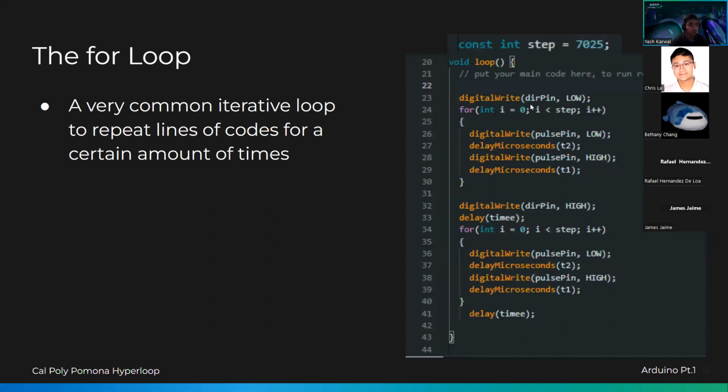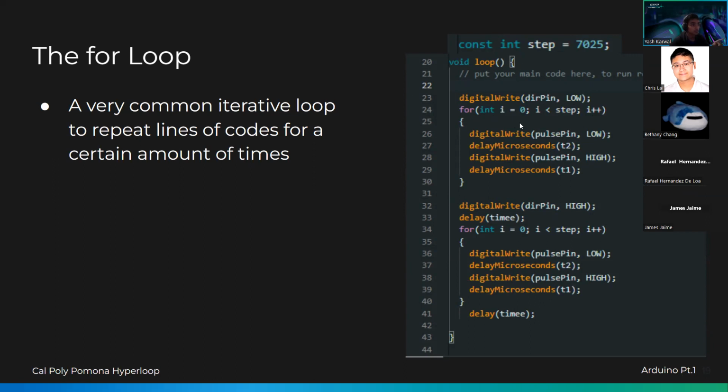So you can use this, for this one right here, it's a stepper motor driver. So I'm telling this loop right here to run the stepper motor 7,025 times, or this line of code, at least 4 lines of code, 7,000 times before it can write as high and then delay for a bit and then run it backwards.